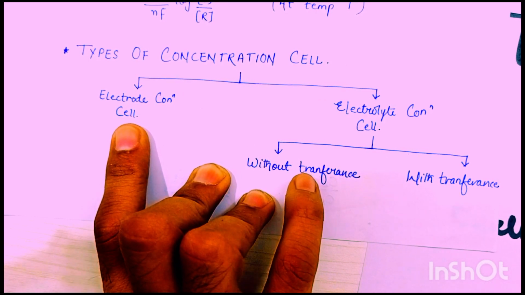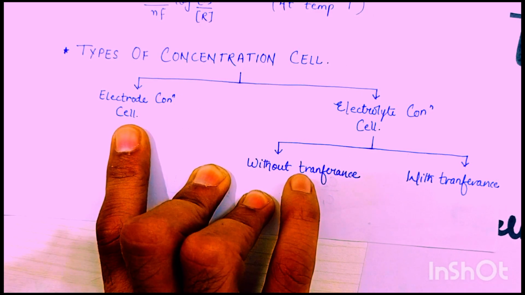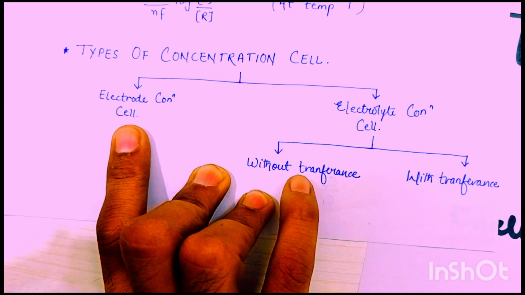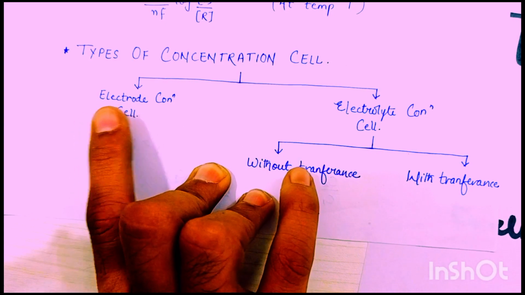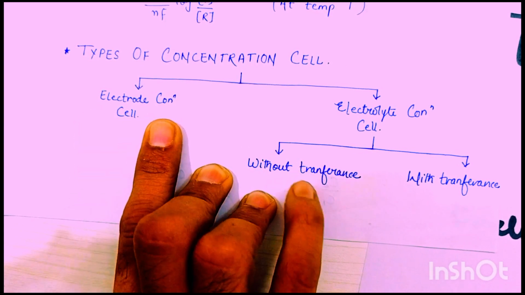Sometimes electrodes are made up of gaseous material. In the gaseous material, the pressure of the gas, that is hydrogen, maybe chlorine electrodes, differs in the anodic as well as the cathodic compartment. This results in the electrode concentration cell.